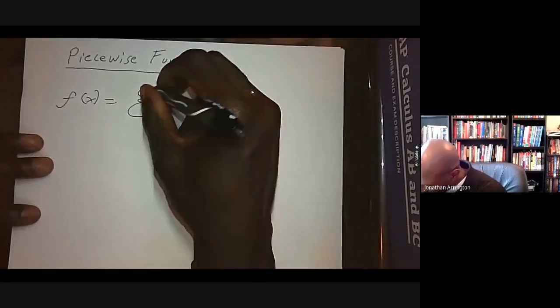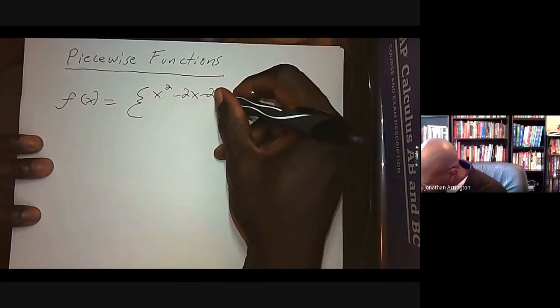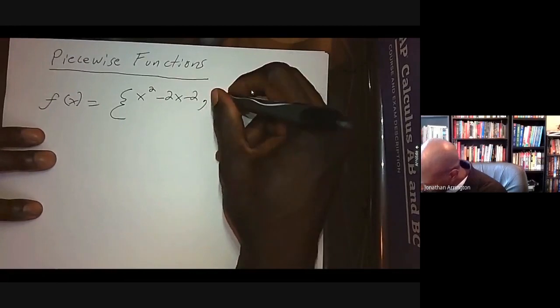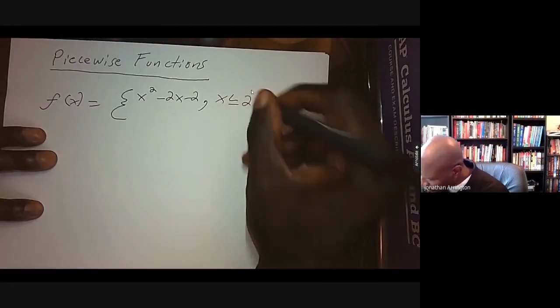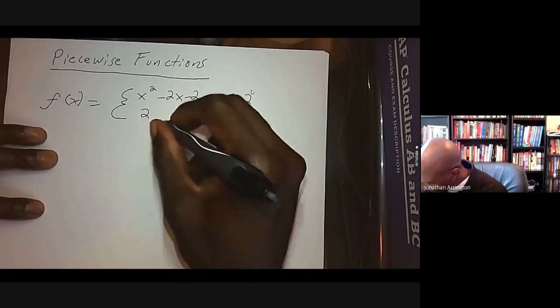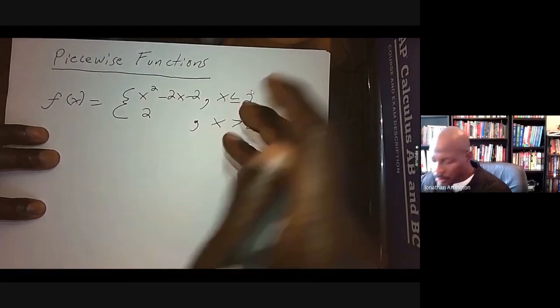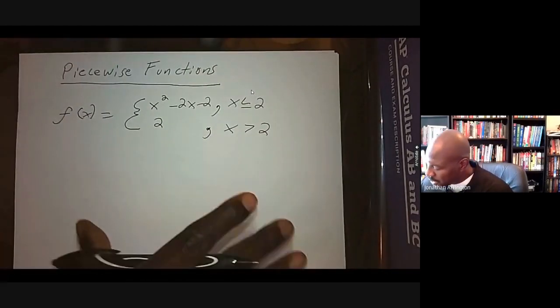Let's say the first piece is x squared minus 2x minus 2, provided x is less than or equal to 2. And let's say the second function is 2, provided x is greater than 2. So that's my piecewise function.